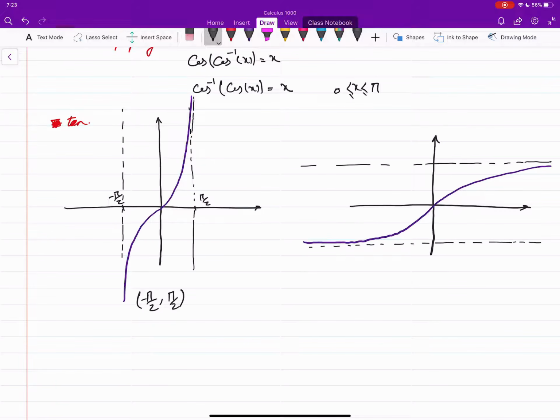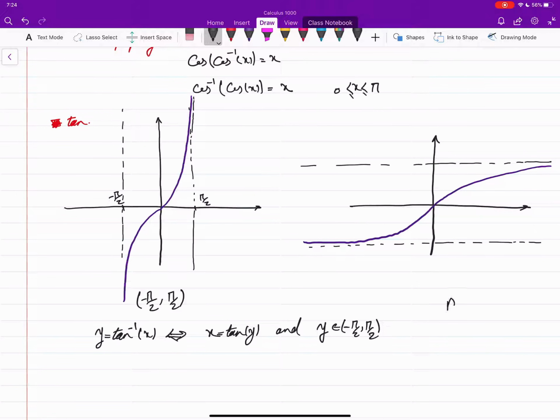Tan inverse, or arctan, of x is equal to y if and only if tan of y is equal to x, and y needs to be in the interval negative pi over 2 to pi over 2.